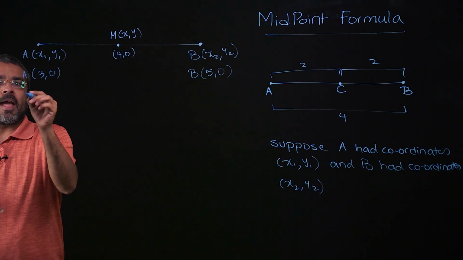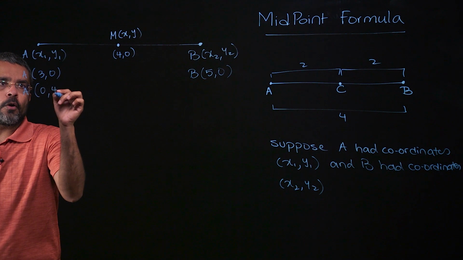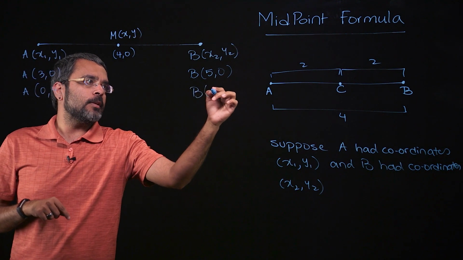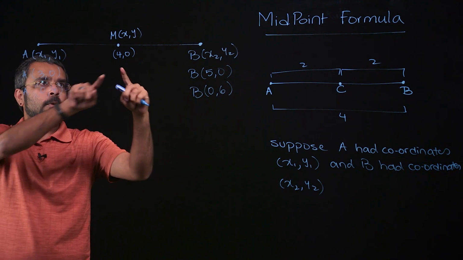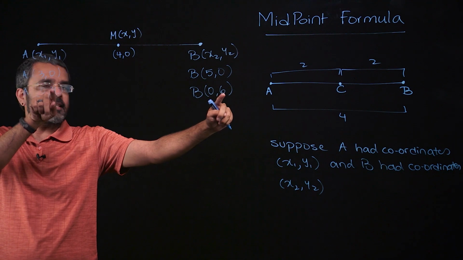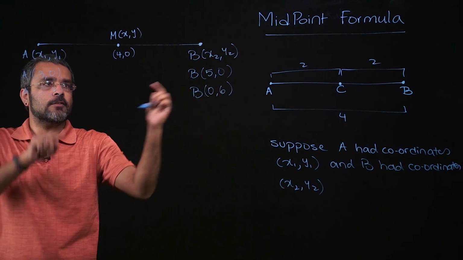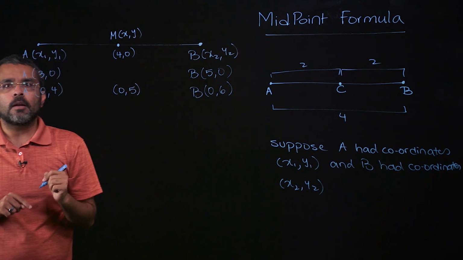Or if A was 0, 4 and B was 0, 6, the x-coordinate stays 0, and the point exactly halfway between 4 and 6 is 5. So we'd have 0, 5.